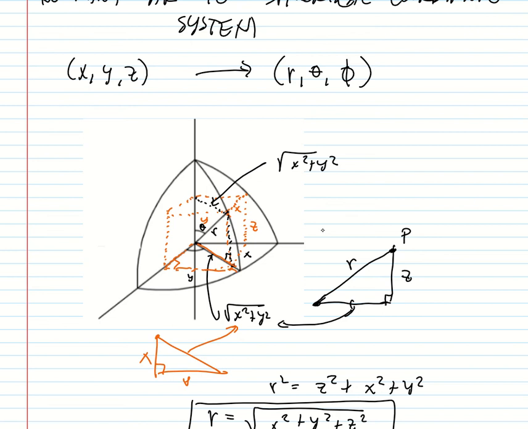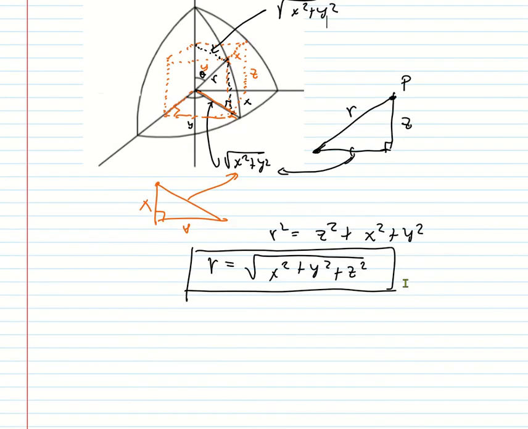Then r here, then we have also z here. So if we redraw that triangle, this is our z. This is the point of origin, and this is that square root of x squared plus y squared. And the end of that is our point P.